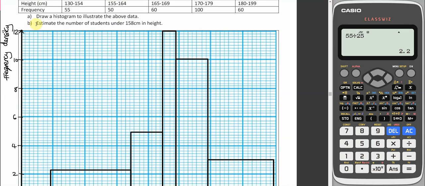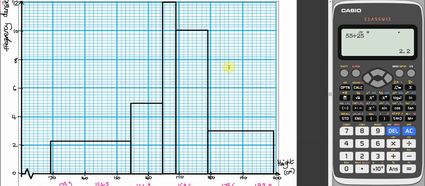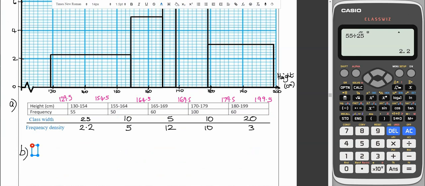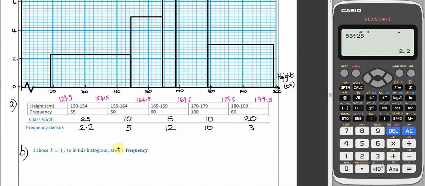Part B, we're going to estimate the number of students under 158 centimetres in height. So remember from part A, I chose to use a constant of proportionality of 1. So in this histogram, the area does equal the frequency.